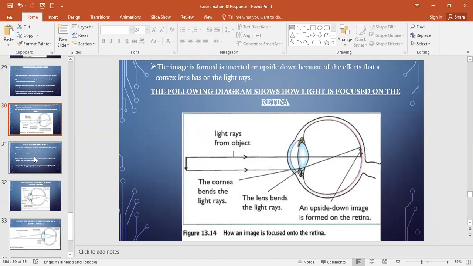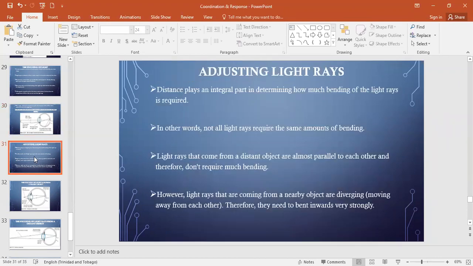All right, just continuing along those lines, and just reiterating, not all of the light rays require the same amount of bending. You see, light rays that come from a closer object are moving away from each other. That's why it feels more strenuous to look at a closer object as compared to a more distant object.